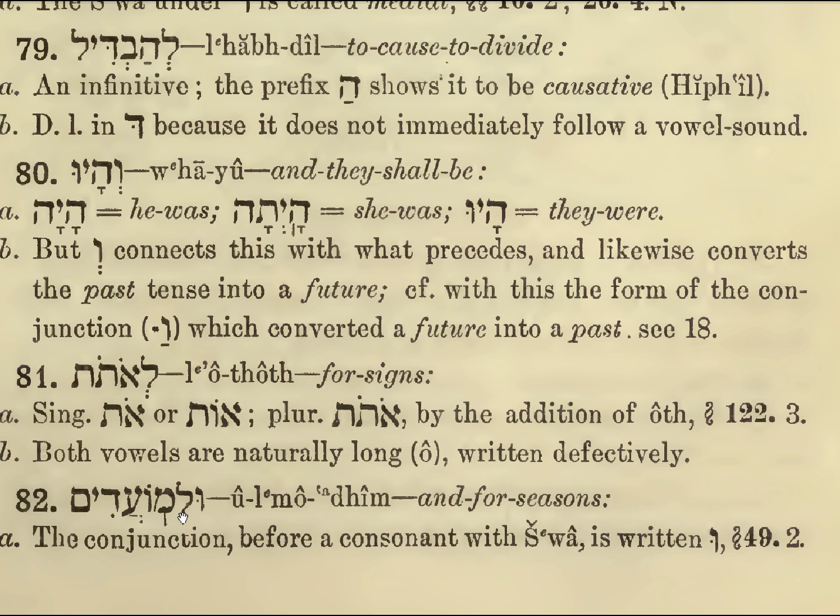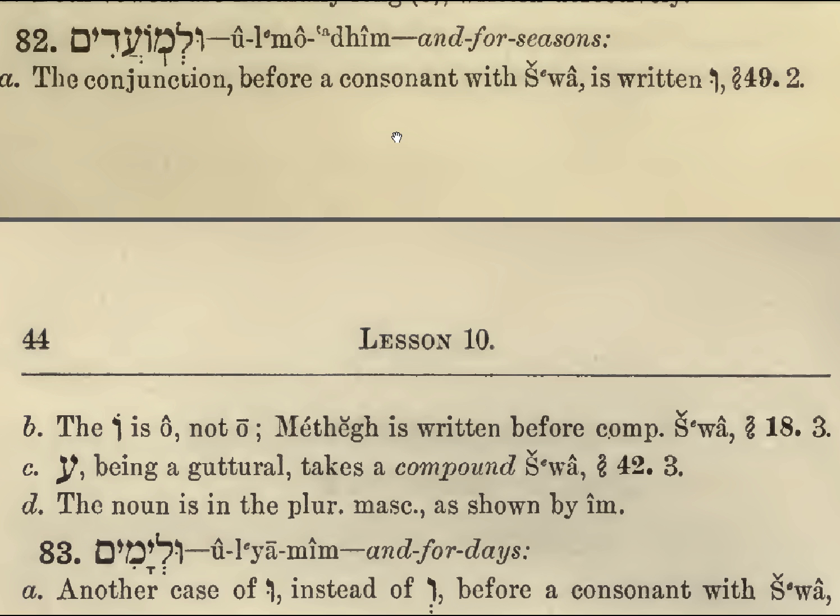U, lemo, ngadim. And for seasons. We've seen this before but haven't explained it. The conjunction and before a consonant with a schwa, here l with the schwa, is written u.